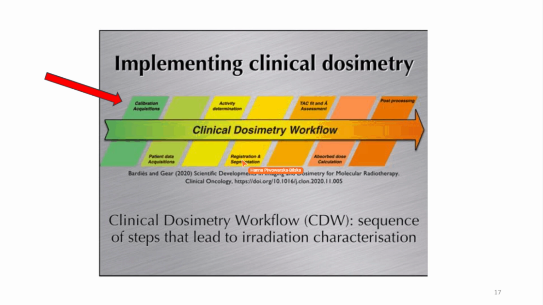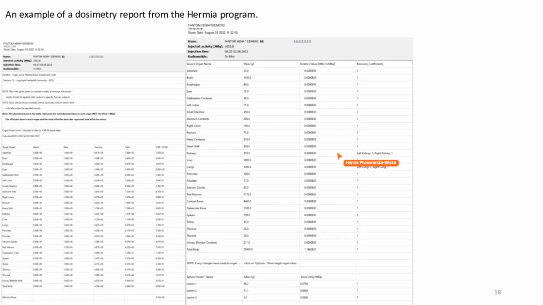Then segmentation of the regions of interest, which can be time consuming or not necessarily. Here we assess the activity accumulated in the patient's tissues. The next step is to calculate the absorbed dose of ionizing radiation, and then we produce the dosimetry report.